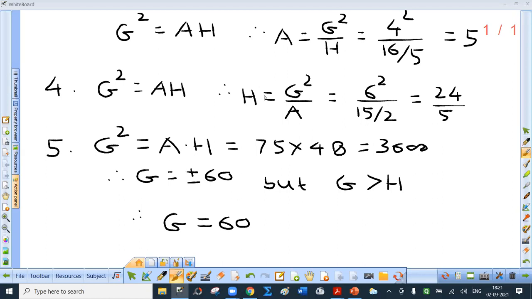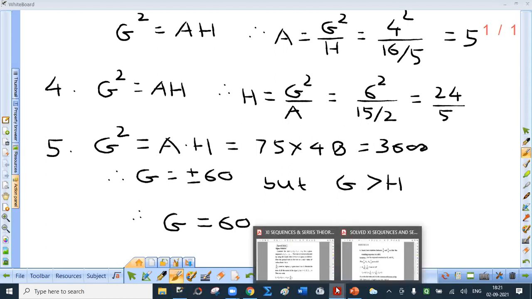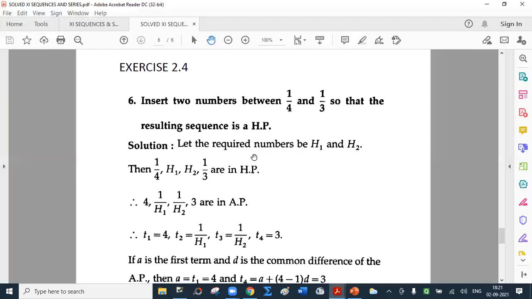Now the sixth one we are going to discuss. Insert two numbers between 1/4 and 1/3 so that the resulting sequence is an HP.